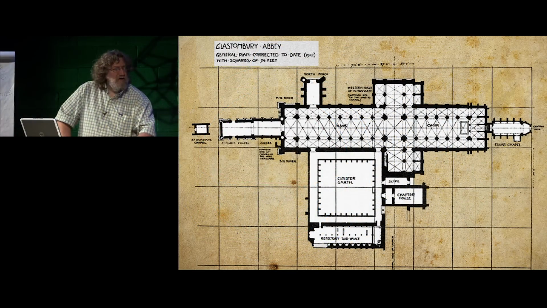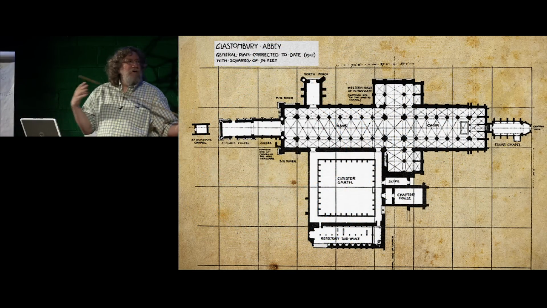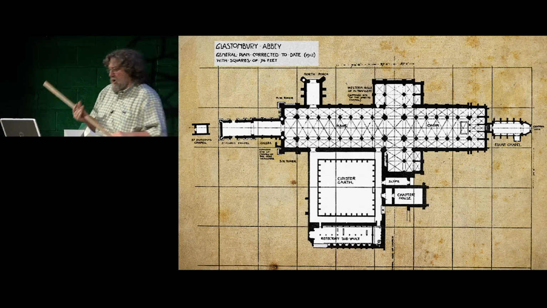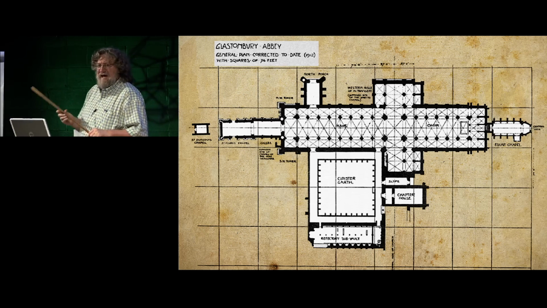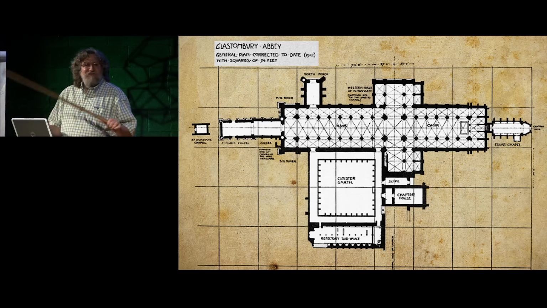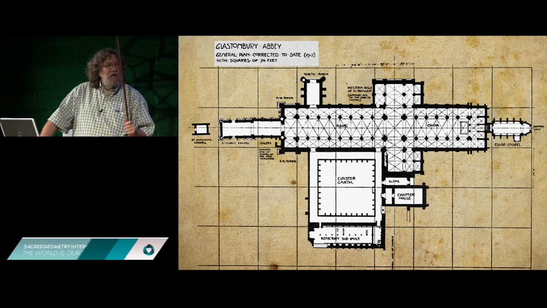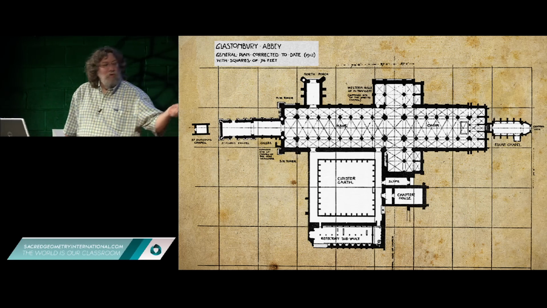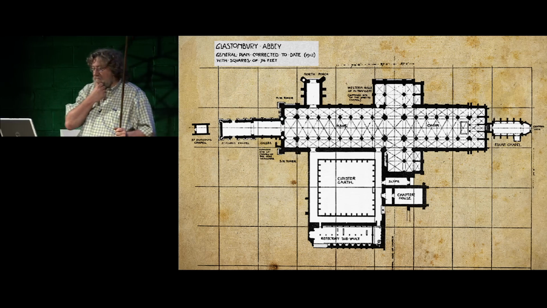And here is a reconstruction of the original ground plan of the Abbey, which is now in ruins. And this was developed by an architect who was hired by the ecclesiastical authorities in the early part of the 20th century. And he did an extensive survey of the grounds and realized that it was laid out on a grid of squares that were 74 feet on a side.